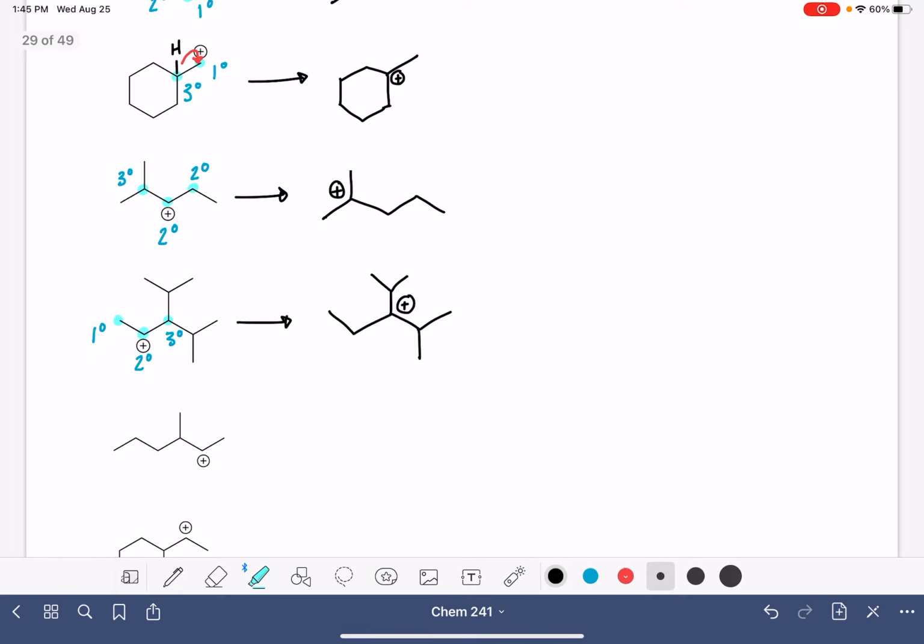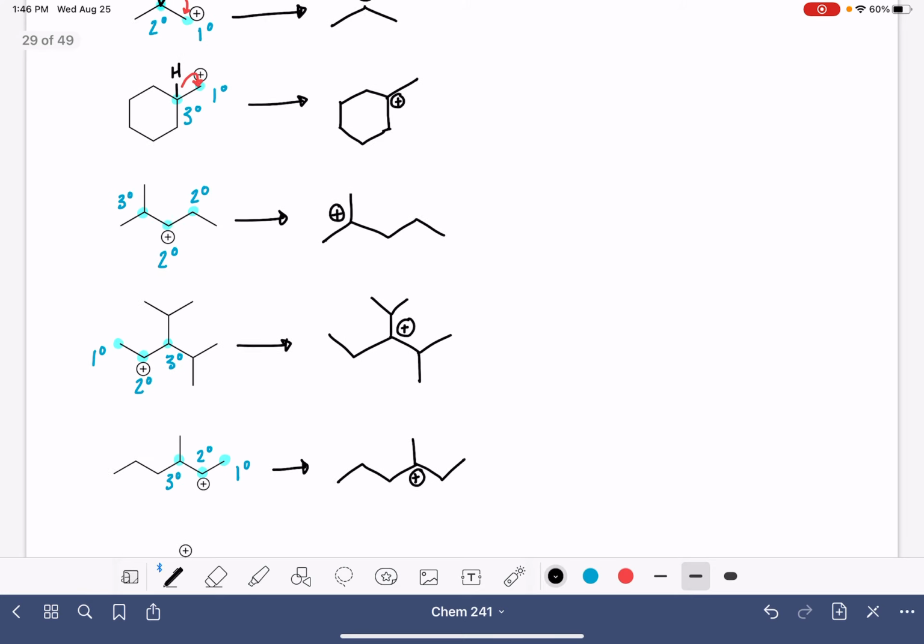Here's our next example. Here's the positive charge, and here are the carbon atoms attached to it. Let's classify them from left to right. We have a tertiary, a secondary, and a primary. The carbocation is currently on a secondary, so that means it's going to want to move on to the tertiary position. And that's going to give us this carbocation.